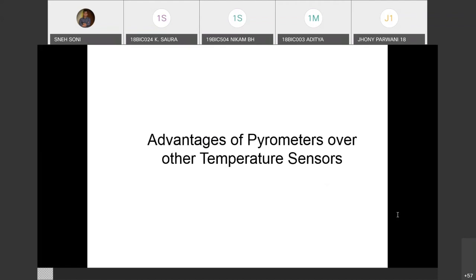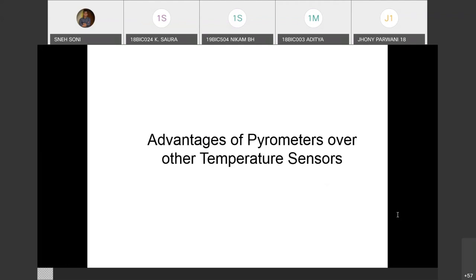Third point: it can measure the temperature of targets in contaminating environments as well as targets which are difficult to access.